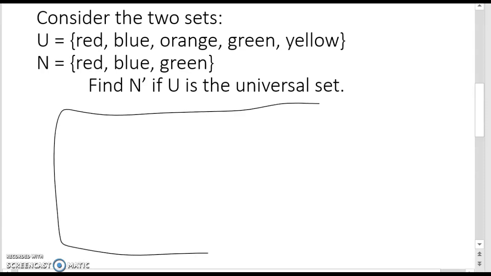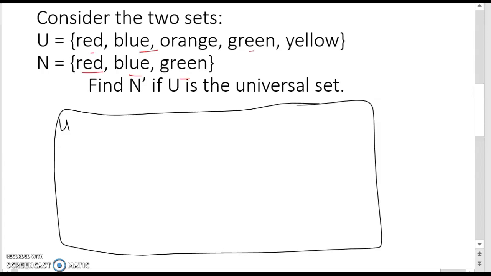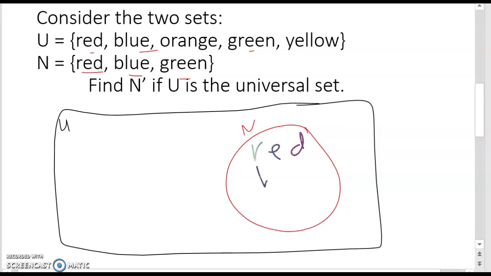So if this here is my universal set U, we should notice red, blue, green is a subset. So N is a subset of the universal set U, and inside we have red, blue, and green. Now, because red, blue, and green are inside of set N, they also exist inside the universal set.